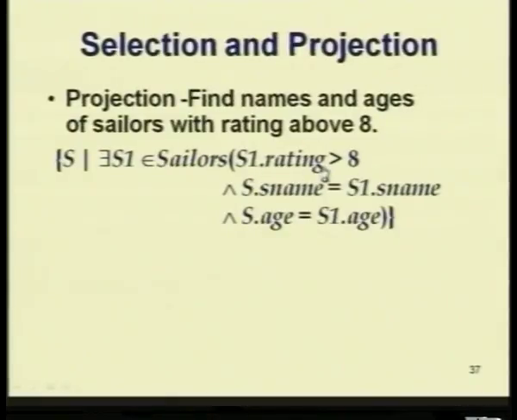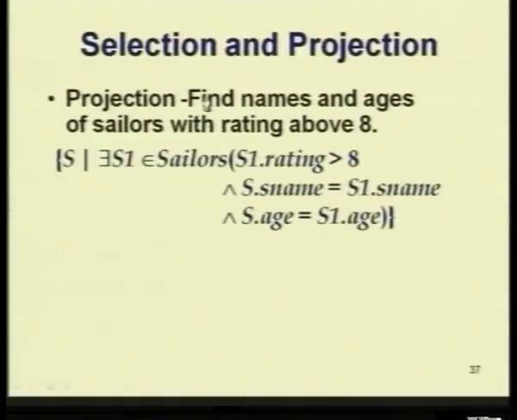So, now if you look here, I will first explain this. This says find me all tuples, and there exists an S1 belonging to sailors and S1's rating is greater than 8, then I am trying to find the tuples. This is the projection part.